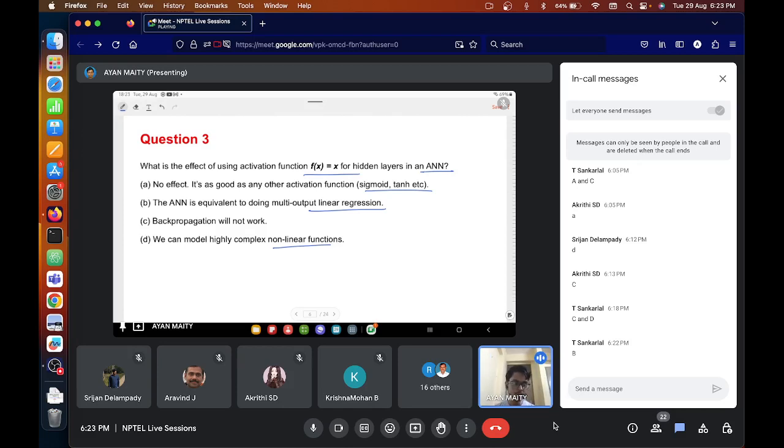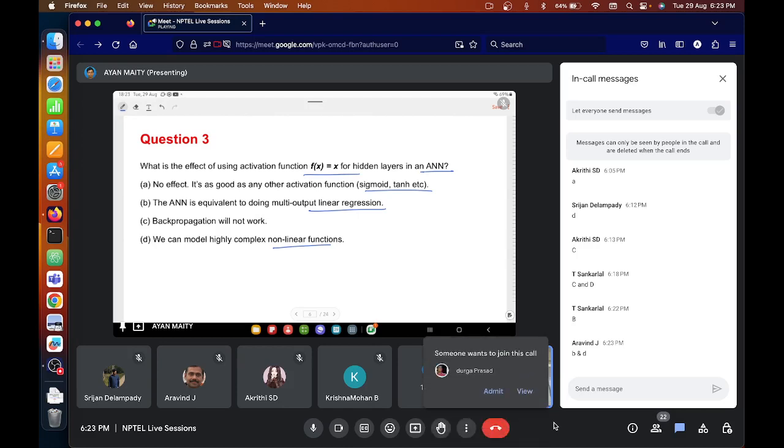I have already got one answer in the chat. Shankar Lal is saying option B: the ANN is equivalent to doing multi-output linear regression. Aravind is saying B and D. Okay. Anyone else? Any other answers in the chat?